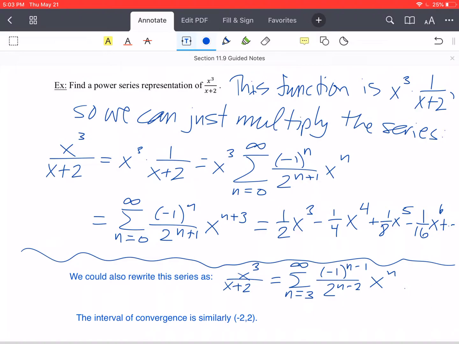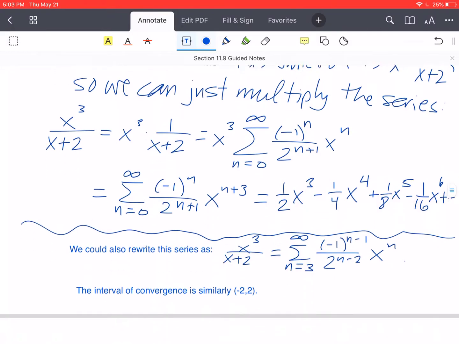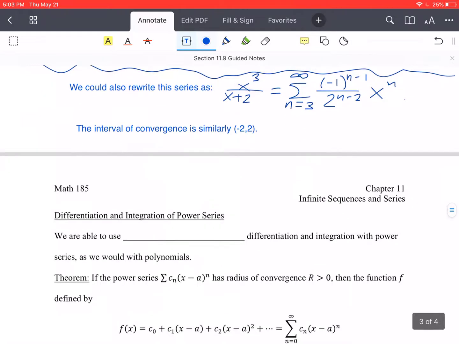one of the reasons that we want to be able to work with power series in this way is because we can work with calculus using power series.